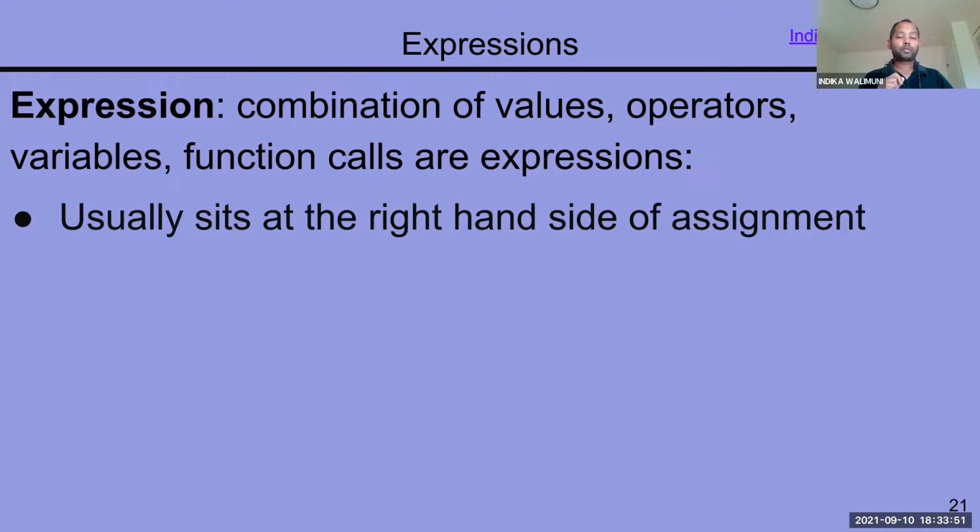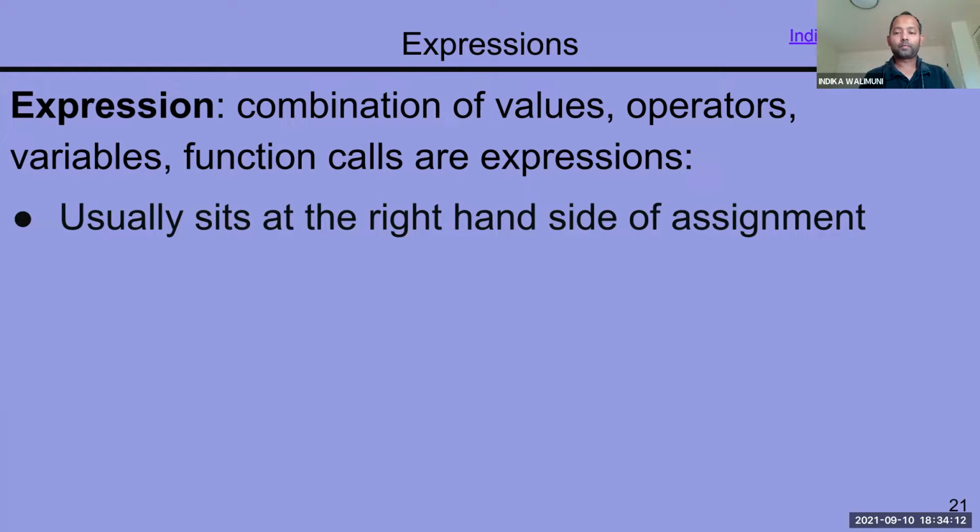Usually an expression sits at the right hand side of an assignment statement. Let's say x equals 10, and the 10 sitting on the right hand side is the expression.